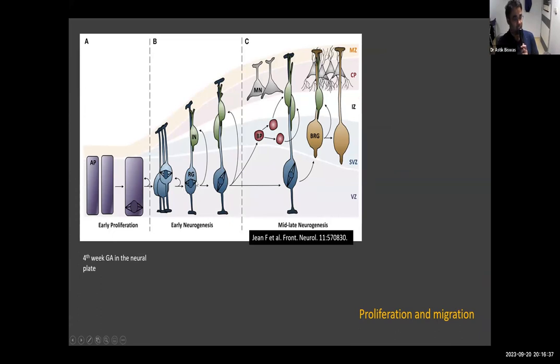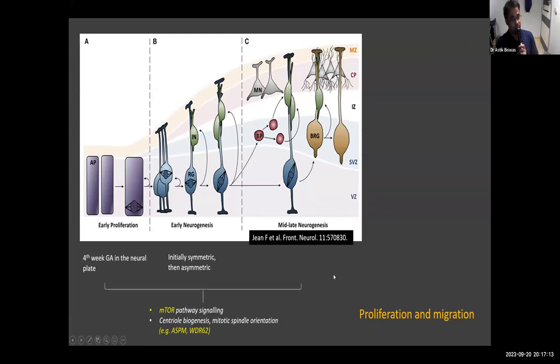So initially, these radial glial cells divide symmetrically to form two daughter radial glial cells, and then soon they start dividing asymmetrically to form a neuron as well as a radial glial cell, and then this process repeats itself until the subventricular zone is also populated with progenitor cells, during which massive proliferation continues to occur. And you can see here that the migration is occurring via the radial pattern.